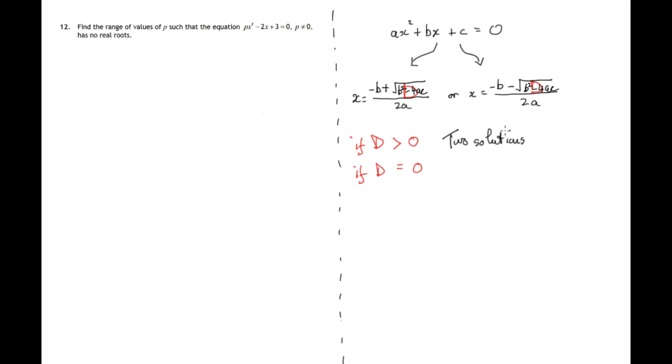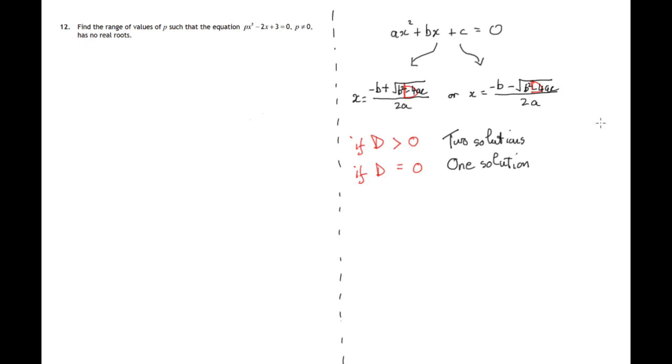They're the same. If you add 0 and subtract 0, it doesn't make any difference. So in effect, you're not getting two solutions, you're getting only one solution. You'll hear people talk about the roots being equal, but there's basically only one value that you get.